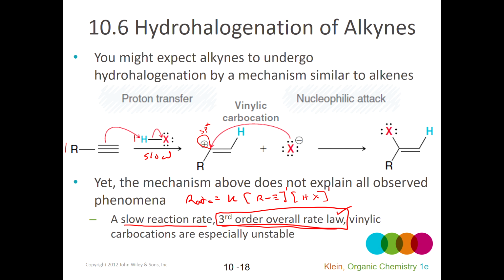It's very unstable to not have electrons in a space that's close to the nucleus. So we wouldn't even expect this to form, and the fact that the experimental kinetics don't match the kinetics for this mechanism as well really disconfirms that it's going through the same mechanism that it would go through if we were adding HBr, HCl across a double bond instead of a triple bond.